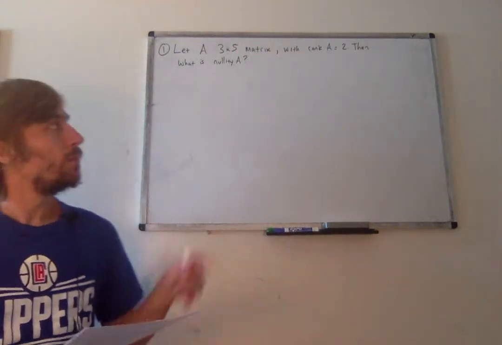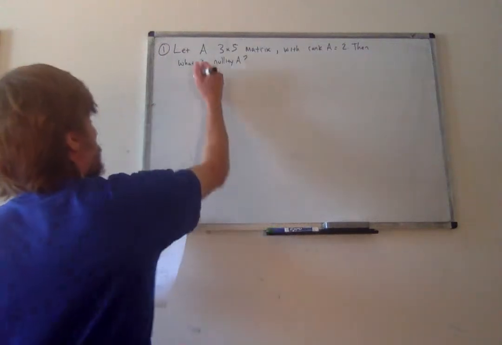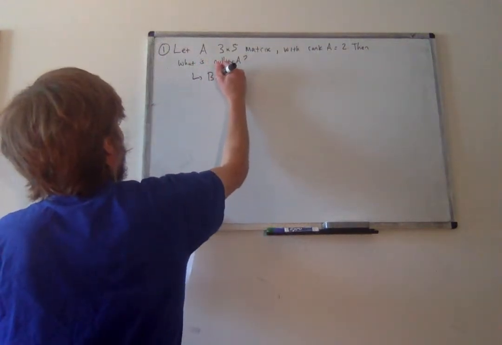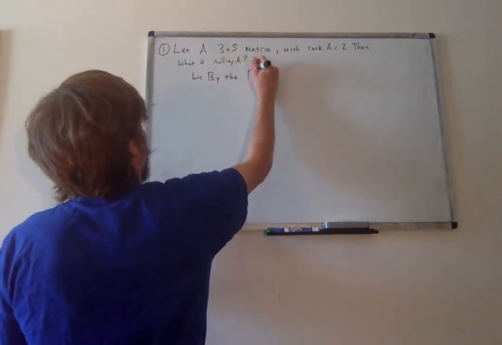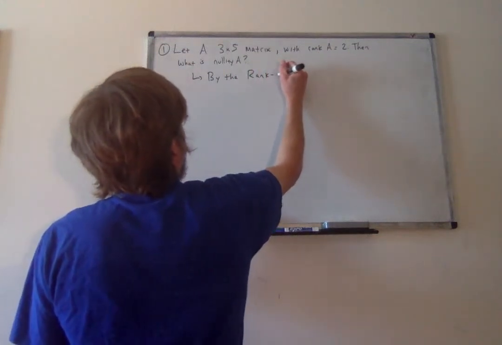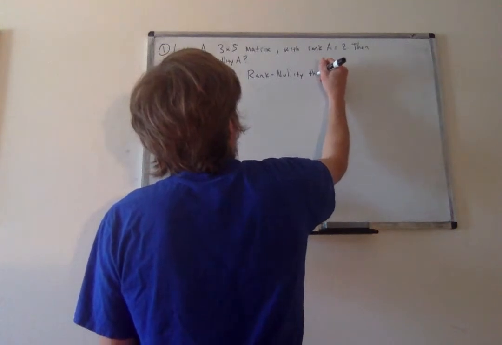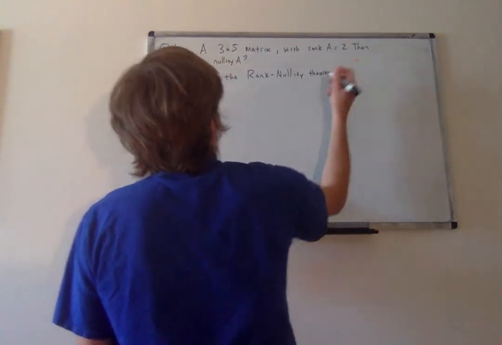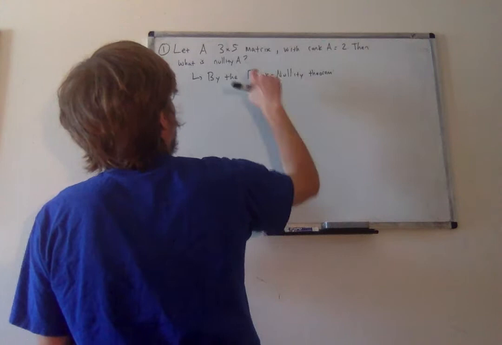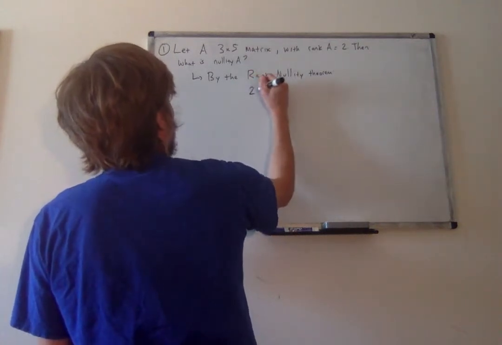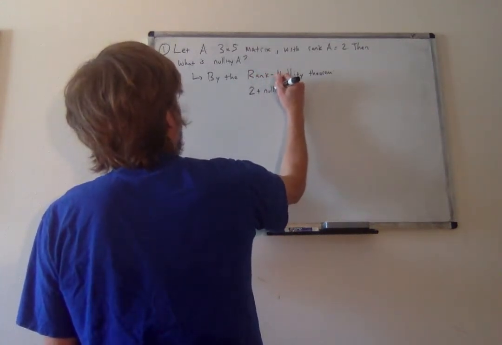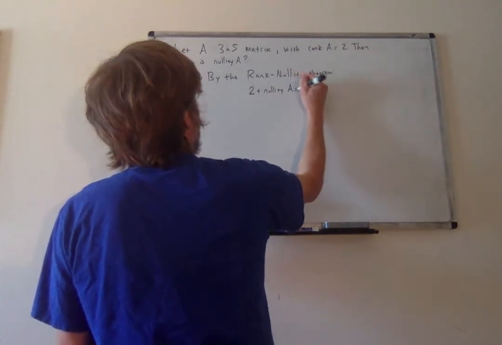So, by the rank nullity theorem, well, we know that 2 plus the nullity of A is equal to 5.